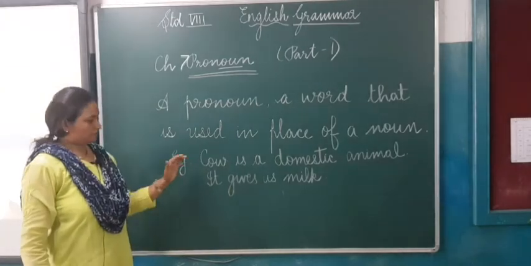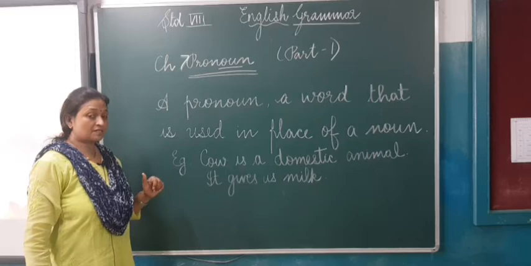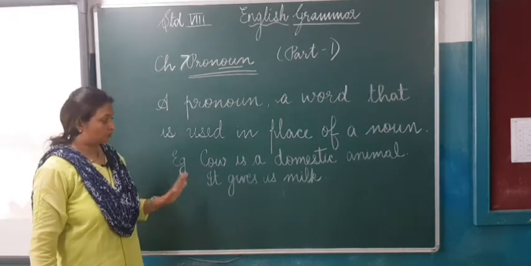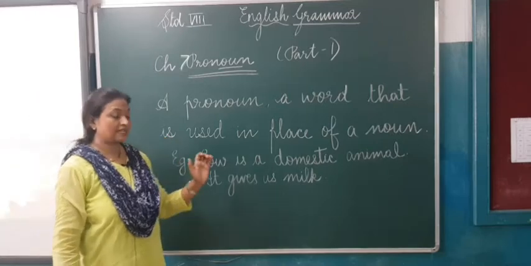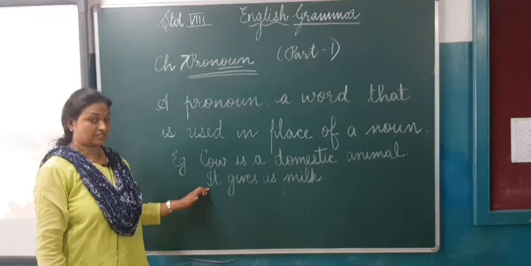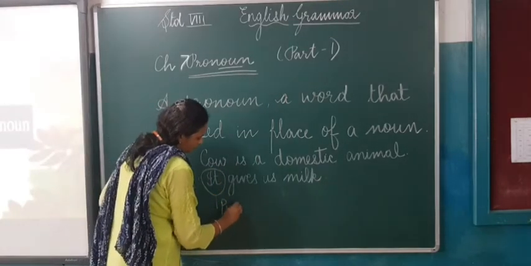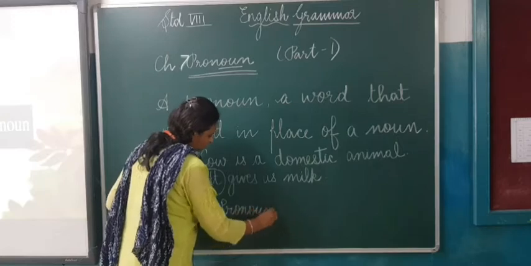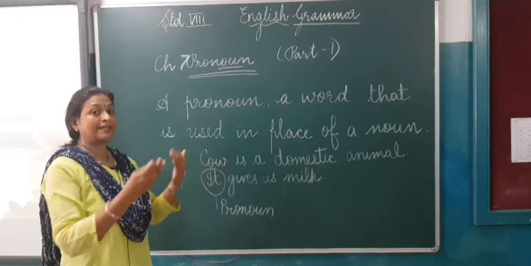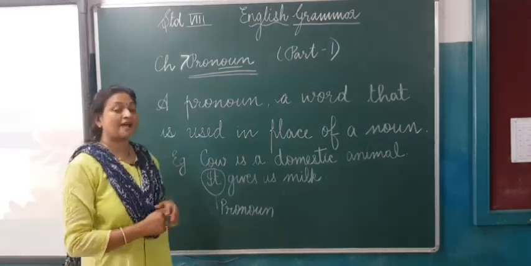Now what is a noun? The name of a person, place, animal, thing. Cow here is the noun. Cow is a domestic animal. Now the second time, in place of cow what am I using? It. So it is the pronoun. It is used in place of the noun cow. Again and again I don't want to write this word cow, so in place of that I have written it.